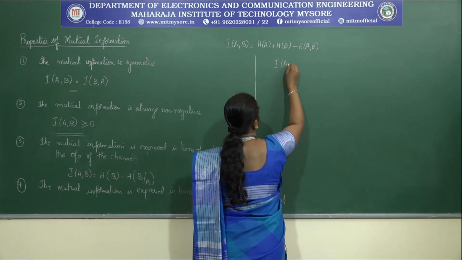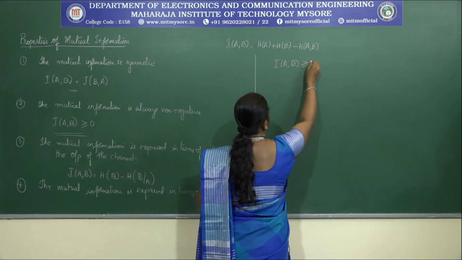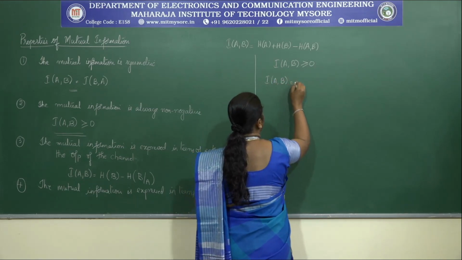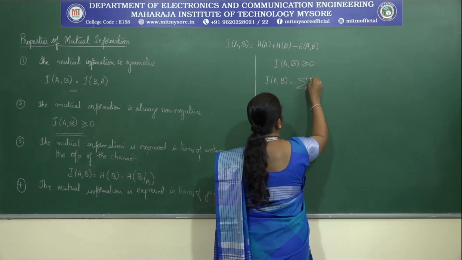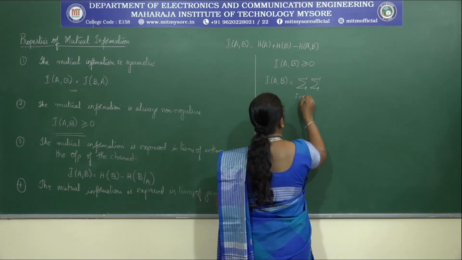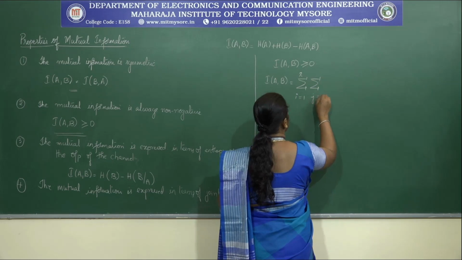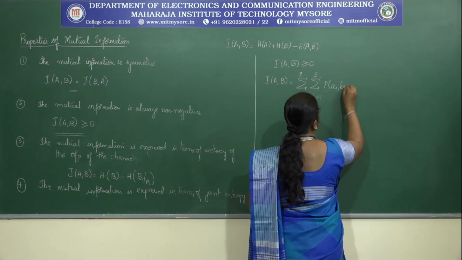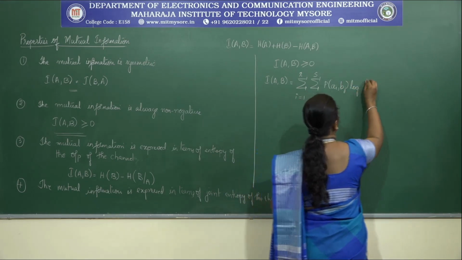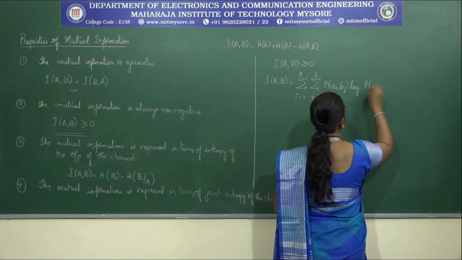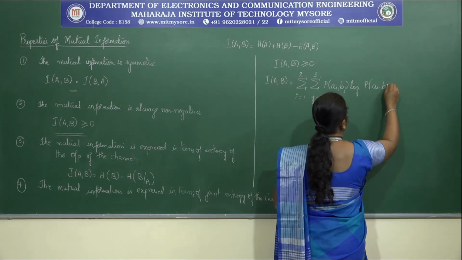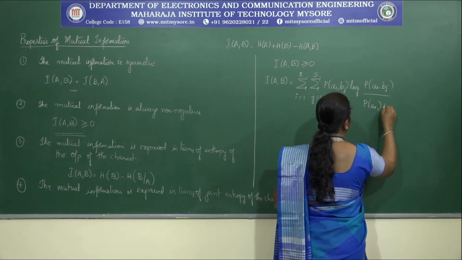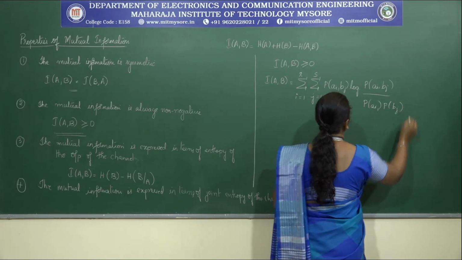We know that I of A comma B is equal to the double summation of i equal to 1 to R, j equal to 1 to S, P of Ai comma Bj log of P of Ai comma Bj divided by P of Ai into P of Bj.